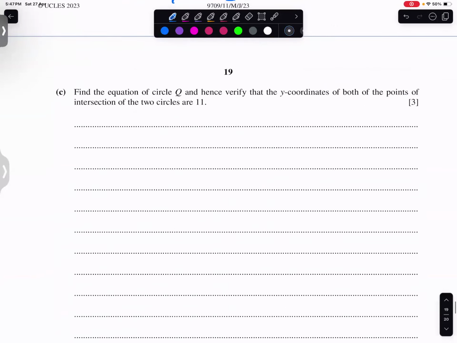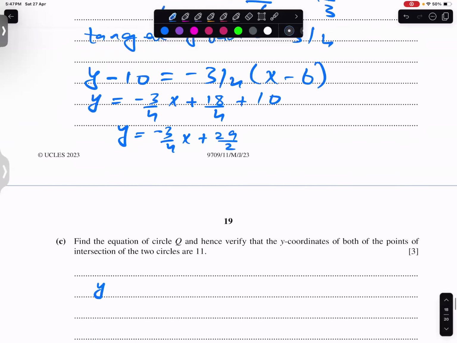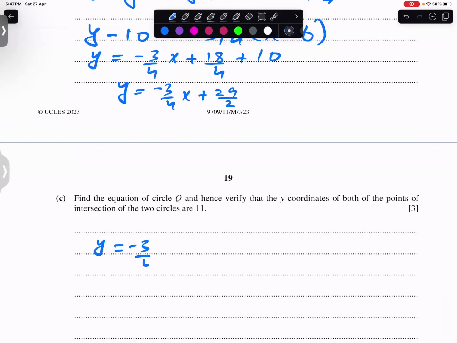Find the equation of circle Q and hence verify that the y coordinate of both of the points of intersection of the two circles is 11. So as you are given the equation of the tangent, that is minus 3 over 4x plus 29 over 2.